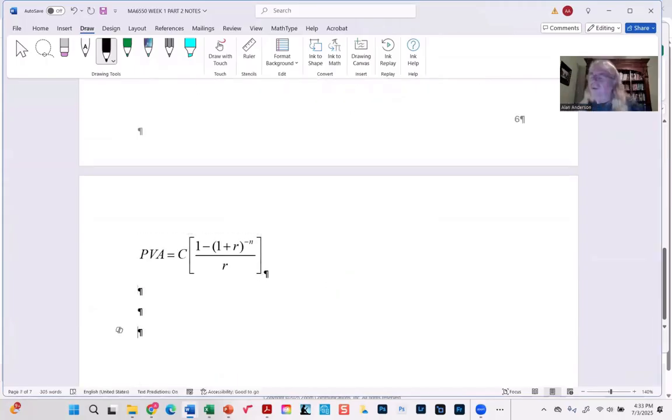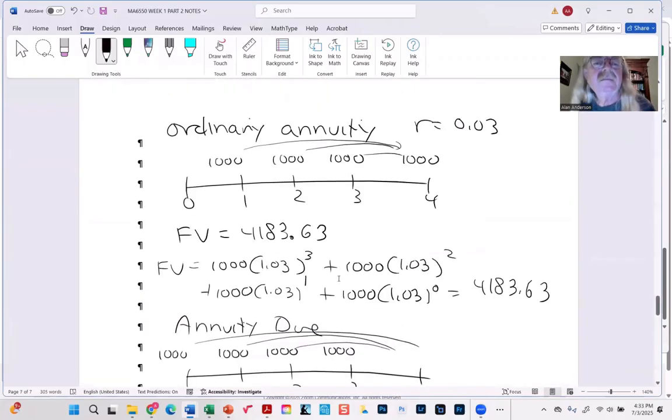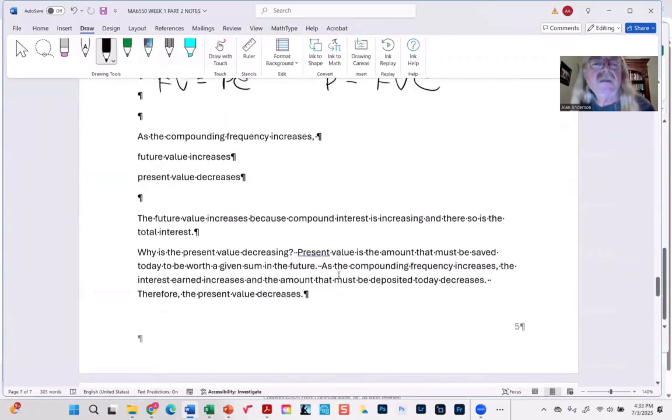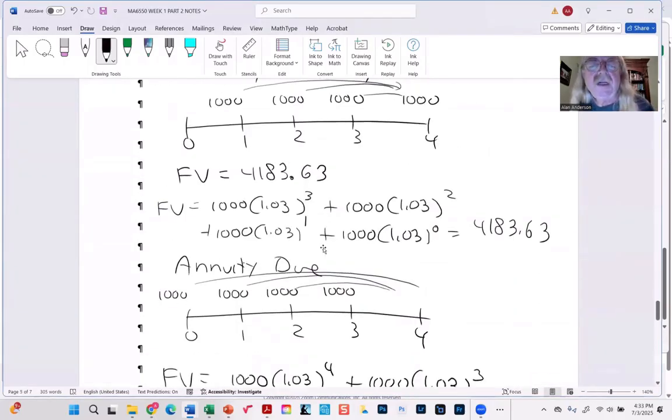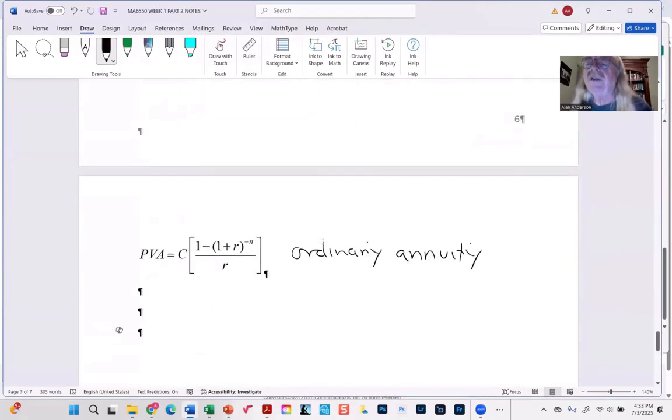Now this formula is for the ordinary annuity, as is this one up here. The formula you're seeing is the one meant for the ordinary annuity. We have to adjust it to become an annuity due.